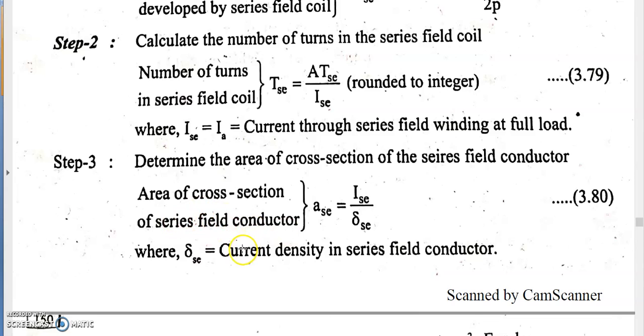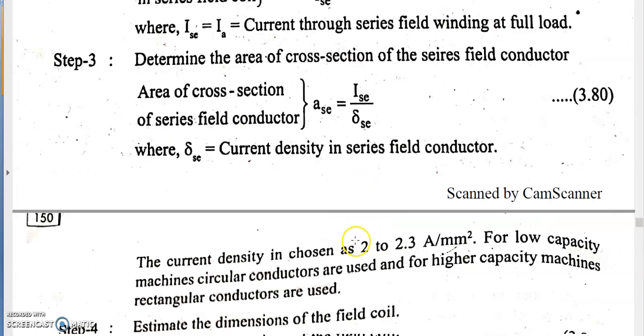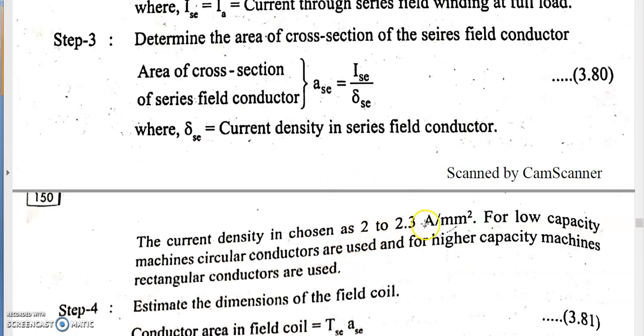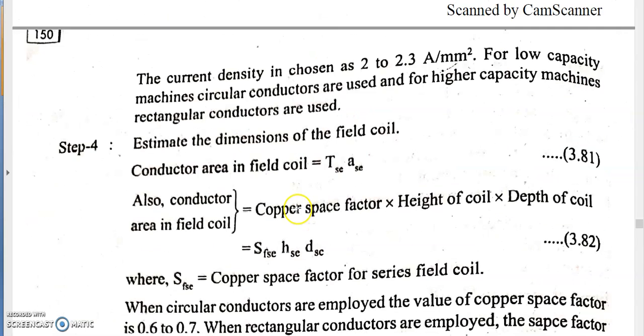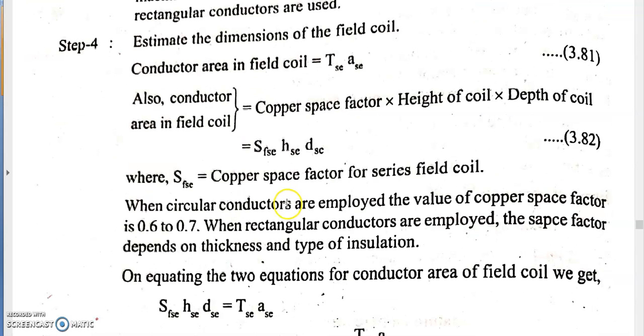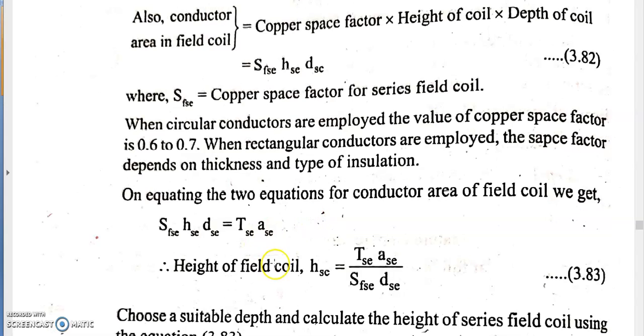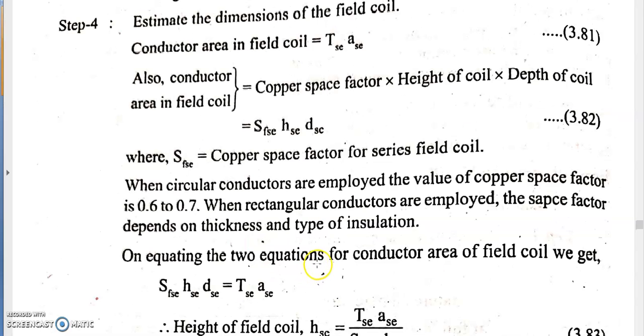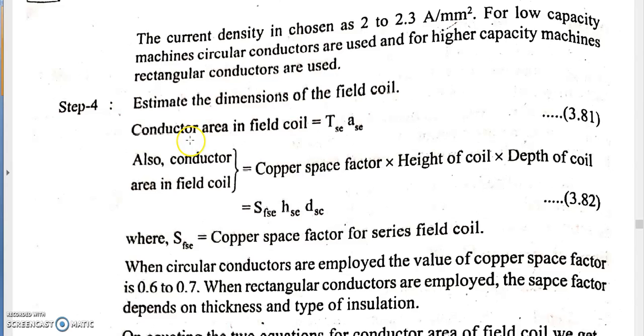And then the area of cross section we will calculate by assuming the current density. The current density is 2 to 2.3 ampere per mm square. So the area of cross section of this series field conductor will be calculated, and then we will estimate the height of the field winding using two equations. One equation is for conductor area: the area of cross section multiplied by the total number of turns in the series field winding.